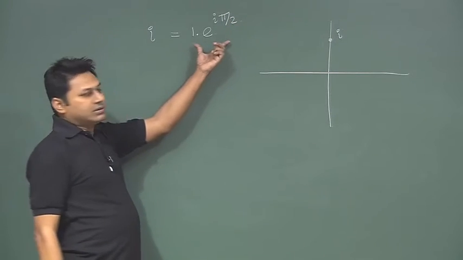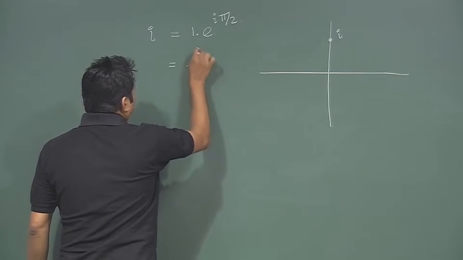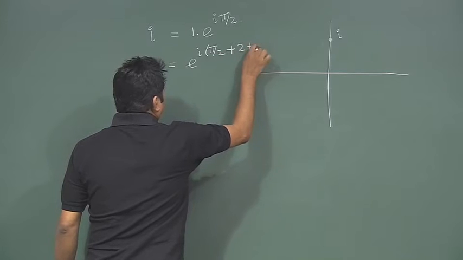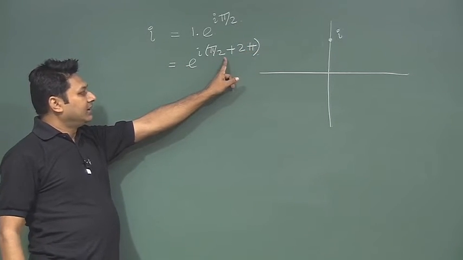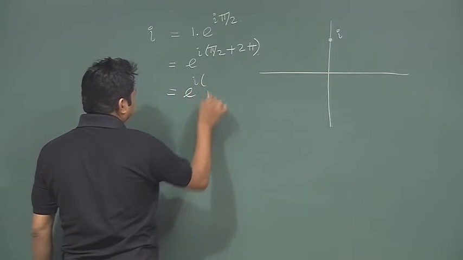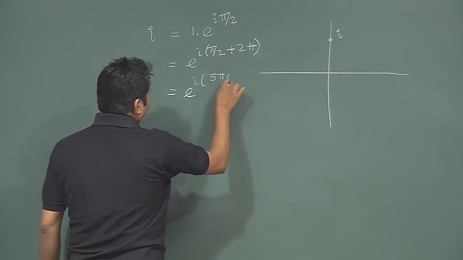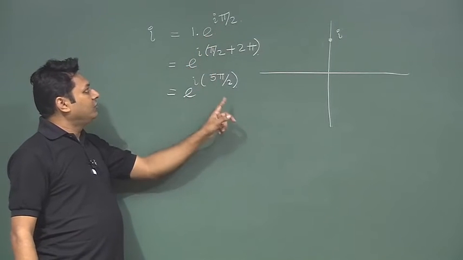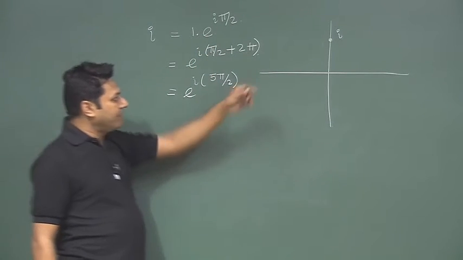But as I mentioned, if I add 2 pi to that, e to the power i (pi by 2 plus 2 pi), that is e to the power i 5 pi by 2, is also the same value. So e to the power i pi by 2 and e to the power i 5 pi by 2 both give the same i.